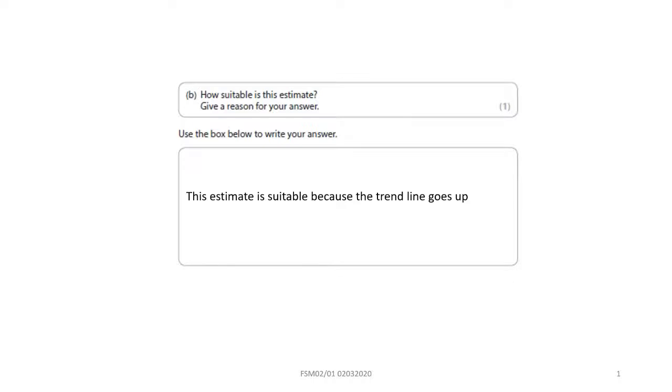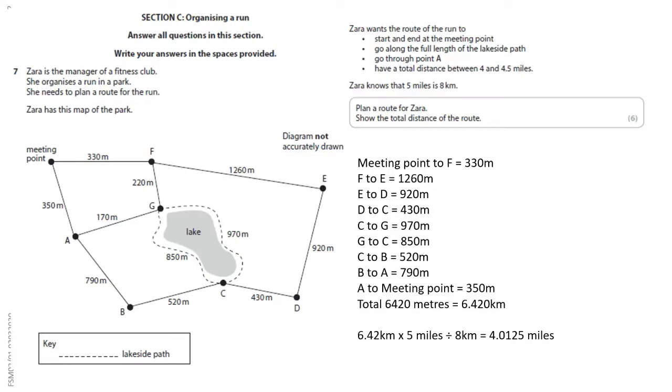If that trend line had a dip in it, you could then say the line isn't 100% suitable because the sales are going up, but now the sales have dropped down, so therefore we can't constantly predict the sales are going to go up. But that's one thing to have a look at and think about.